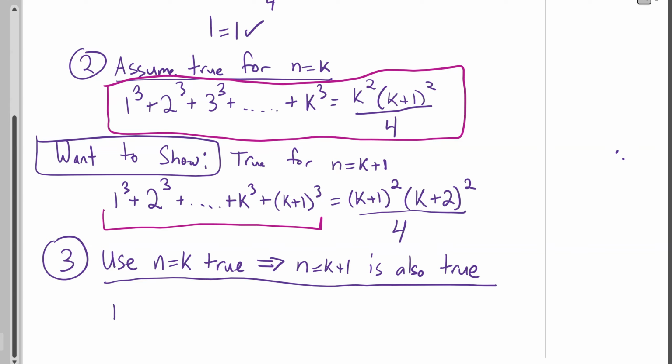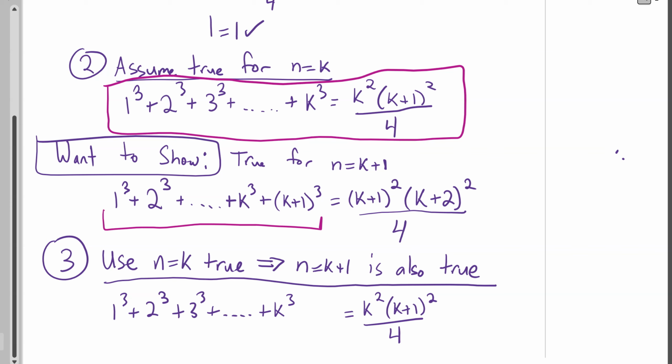So 1 cubed plus 2 cubed plus 3 cubed plus dot dot dot plus k cubed. Notice I'm leaving space there. It's equal to k squared times k plus 1 squared divided by 4. Now, please note that I'm assuming that this is true, so I could do whatever I want to it, but I need to apply a property of equality consistently.